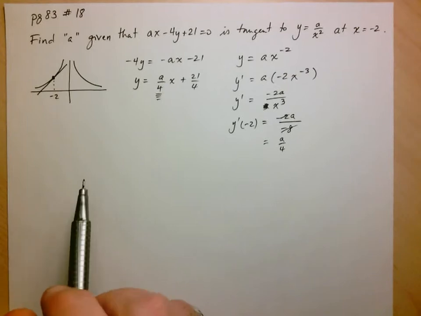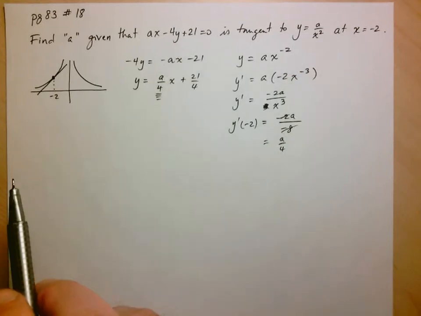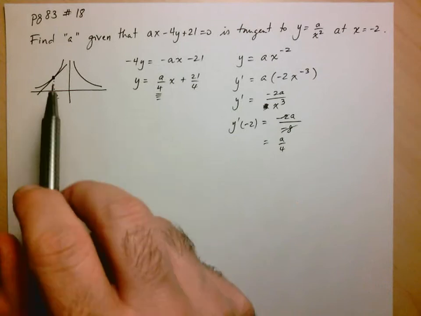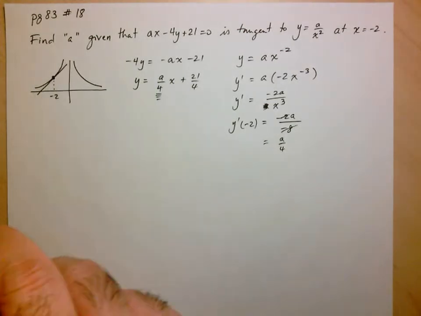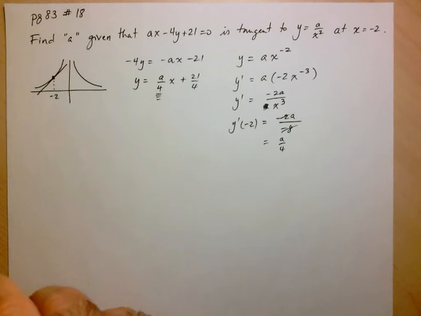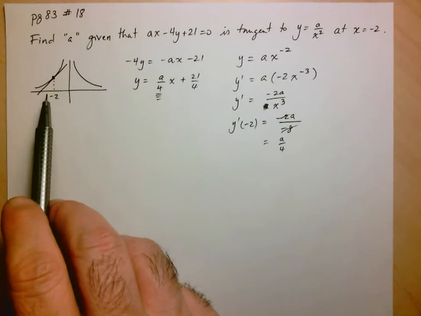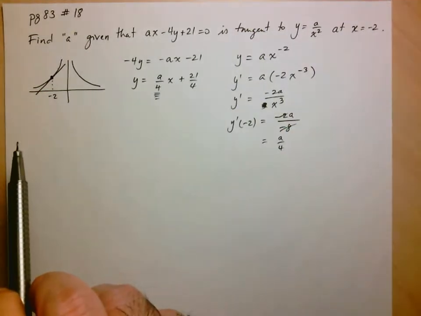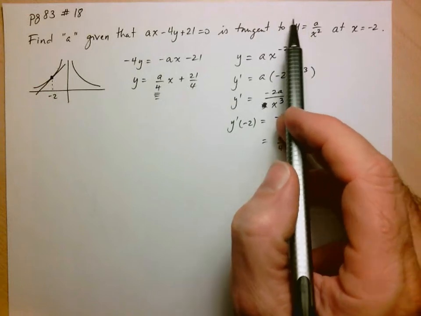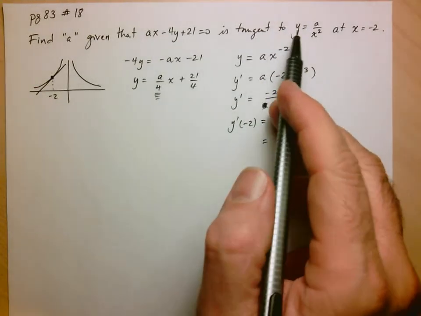But let's now use the other thing that these two functions have in common. Because they're telling us that this line is tangent to the curve, it means that they share this point. I know the x value for this point, so what I can do is find the y value and then input it into the other equation. I think it's easier to find the y value through the curve.